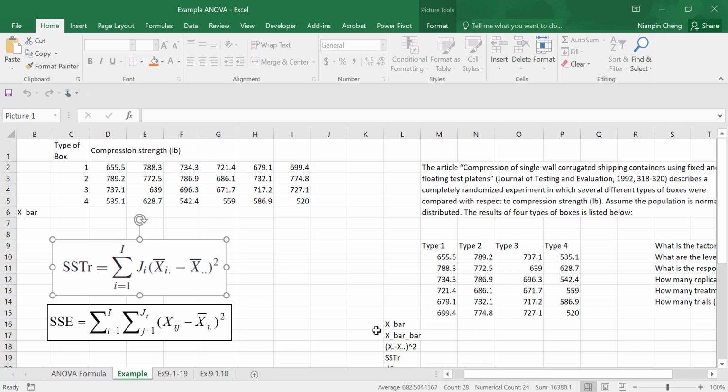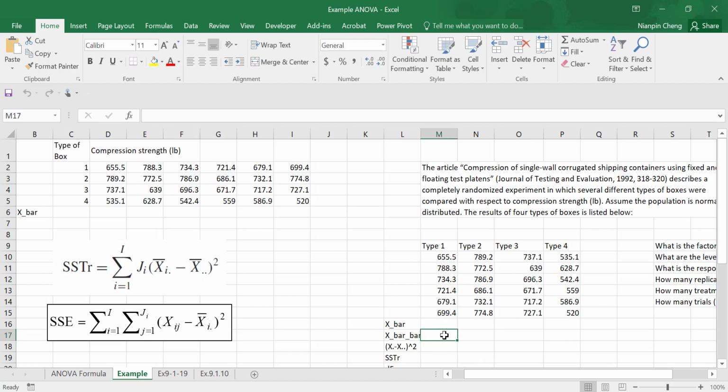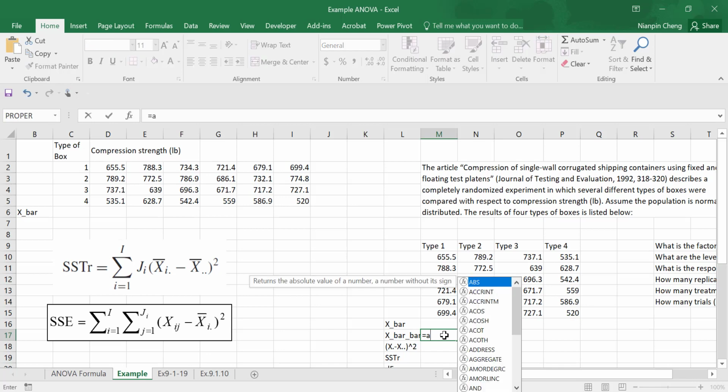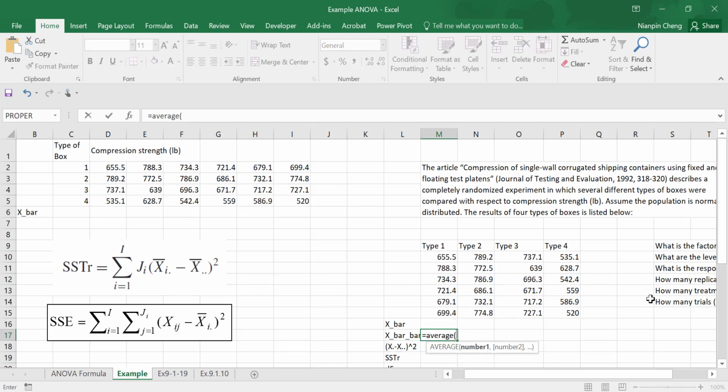We use X bar here to indicate the overall average, equal to the average of all of them. And X bar for each treatment, here the X bar for type 1, so we can drag.